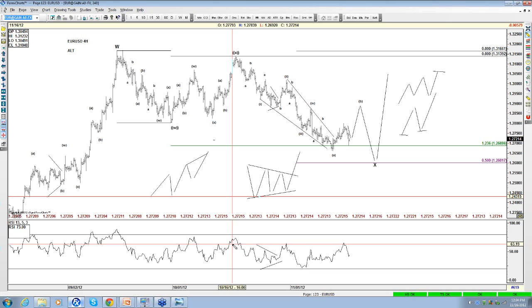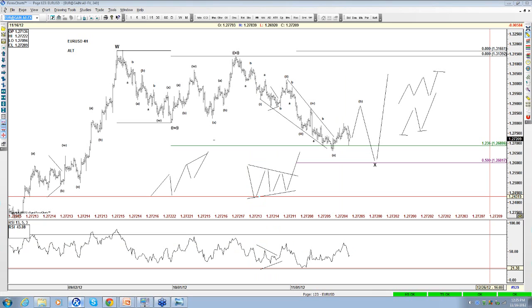No, diagonal always needs to show RSI divergence. Always.